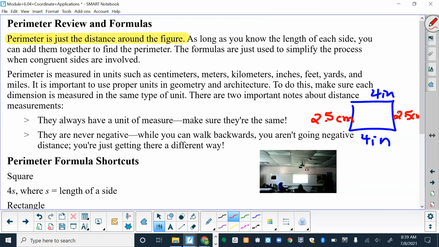If you have problems converting, I can help you with that, but just make sure they are in the same units. The measurements will never be negative. I can never measure something and have a negative length, right? So make sure if your answer is negative, something went wrong somewhere. Maybe you pressed the wrong button. Questions about that?